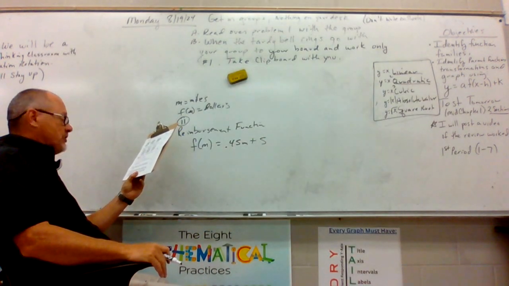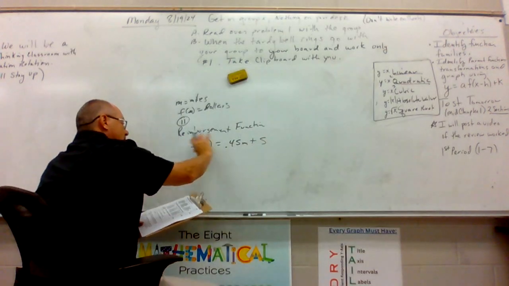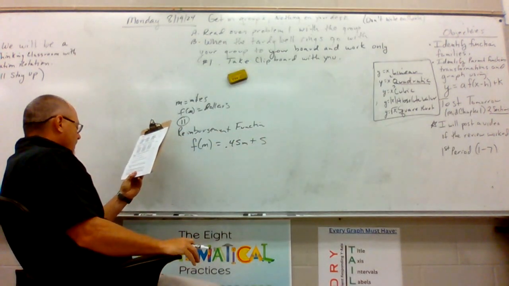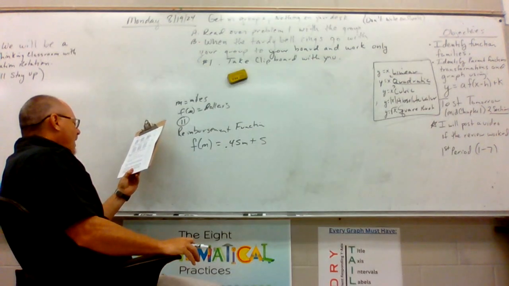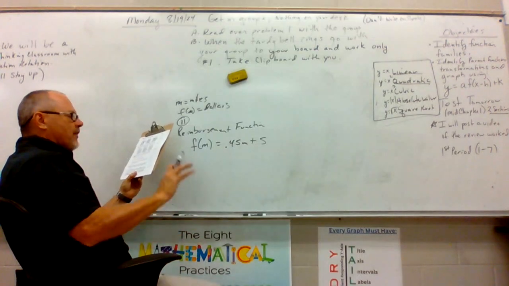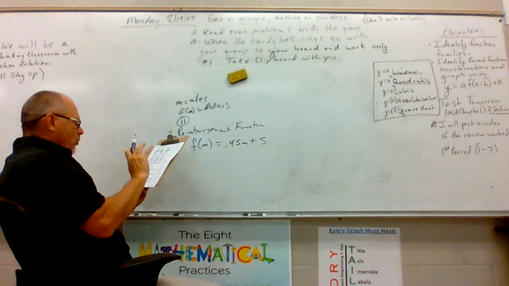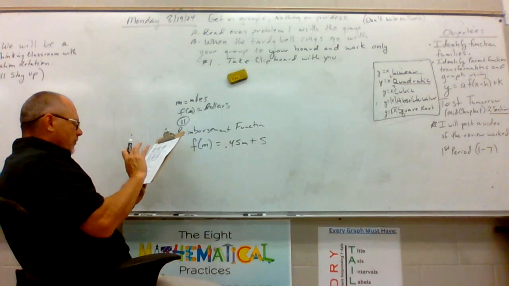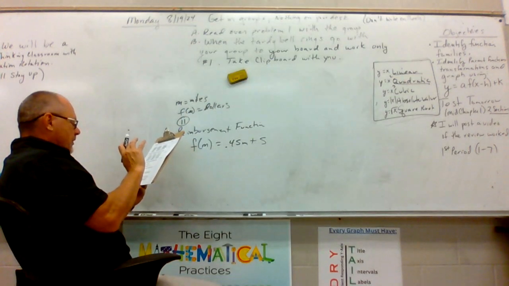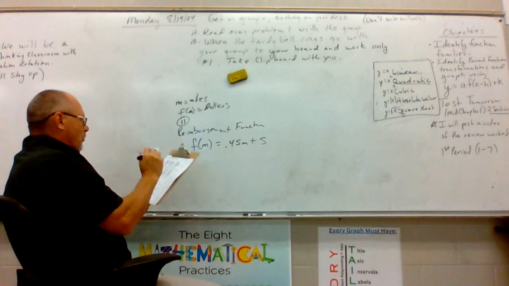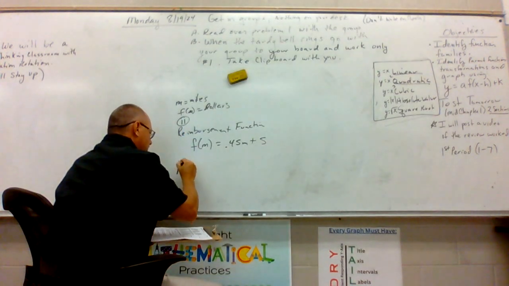So let's see what it says. After a policy change, so now we're changing this reimbursement function. After a policy change, $5 more are added on, and then the total reimbursement amount is multiplied by 1.25. Now look at what happens. I don't know what the new function is, so I'm going to call it n for new function.